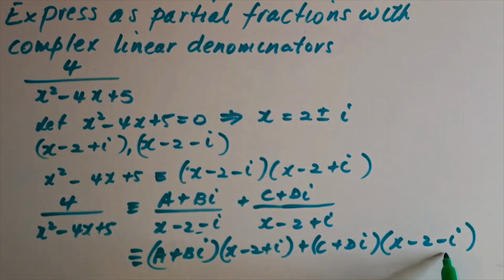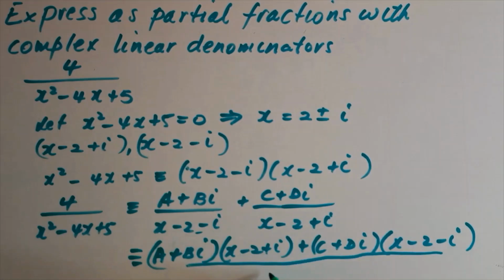And the denominator of all of this is x squared minus 4x + 5.